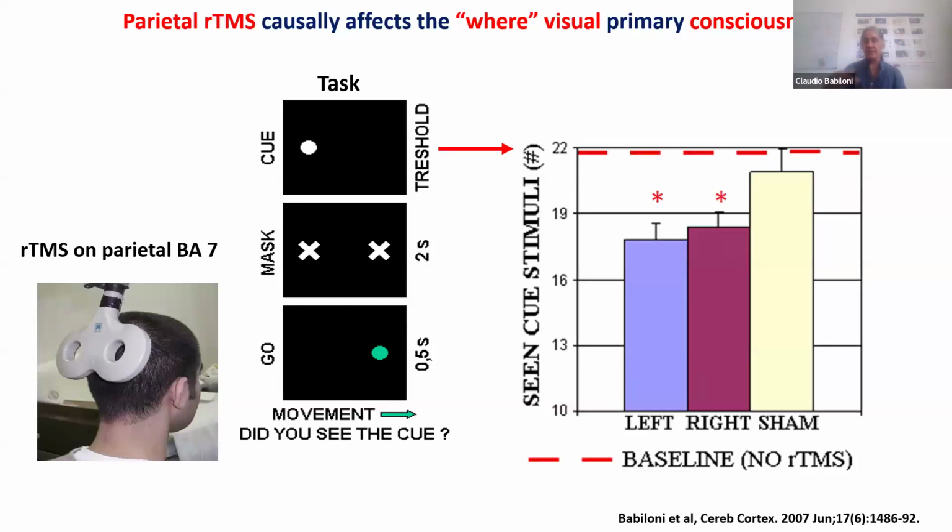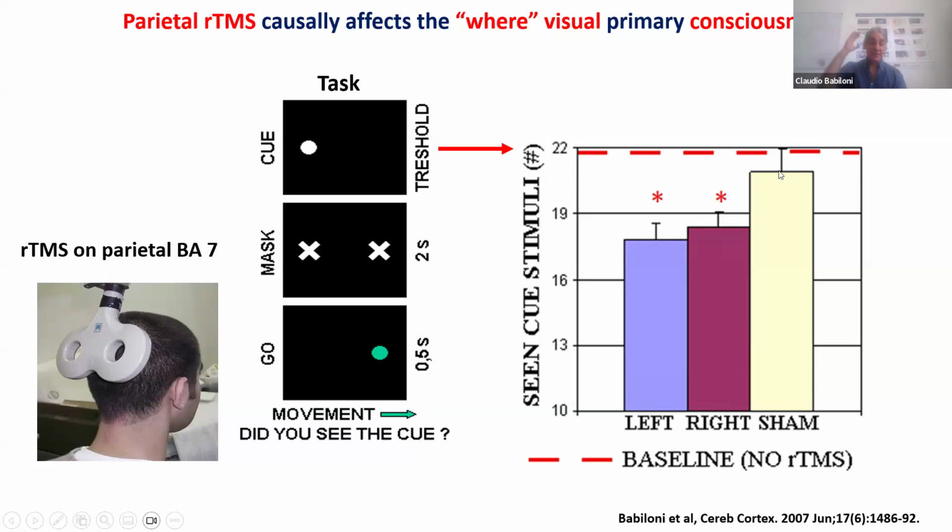So you see that the threshold of the Q stimulation was represented in the fact that without any valid or fake stimulation, we have about 20 Q stimuli seen.